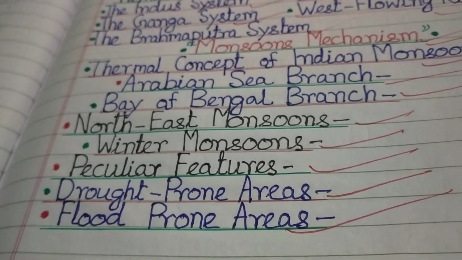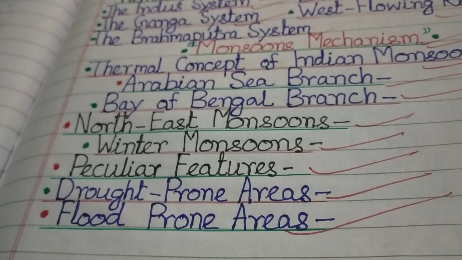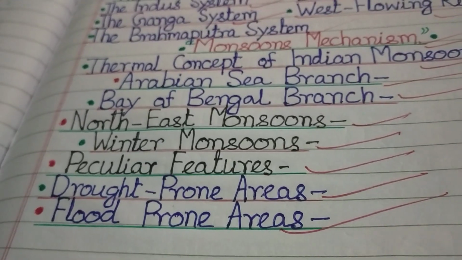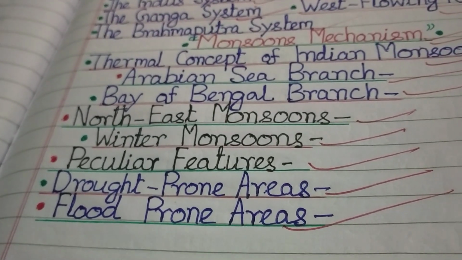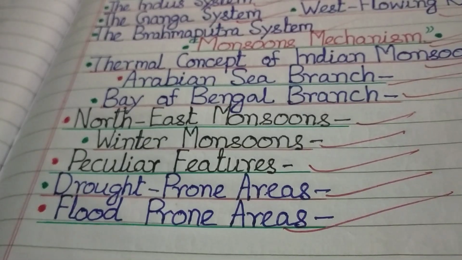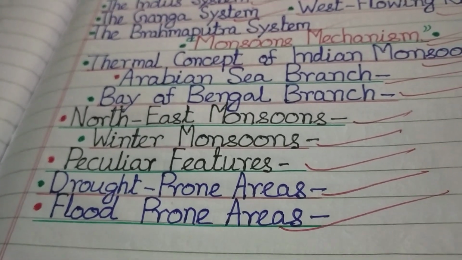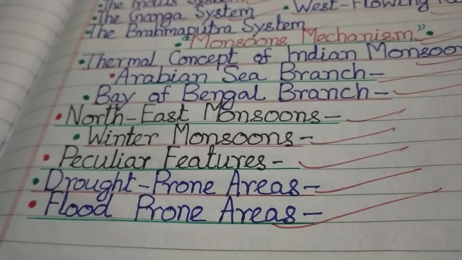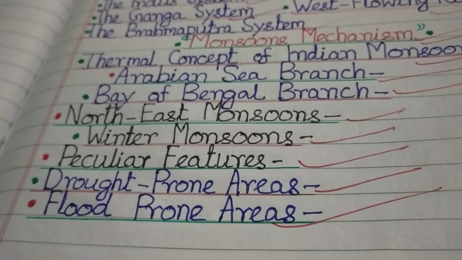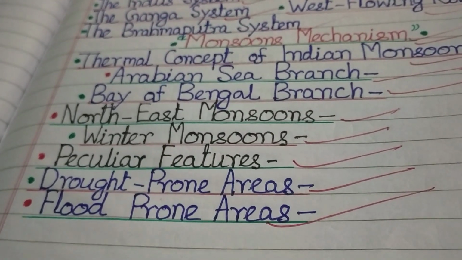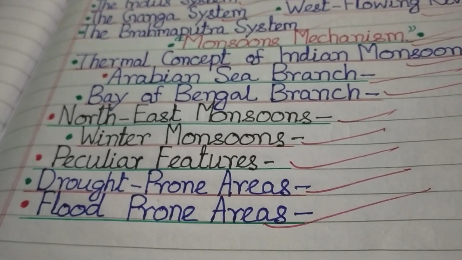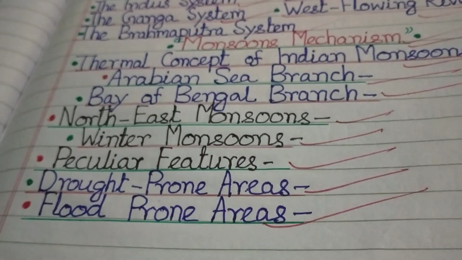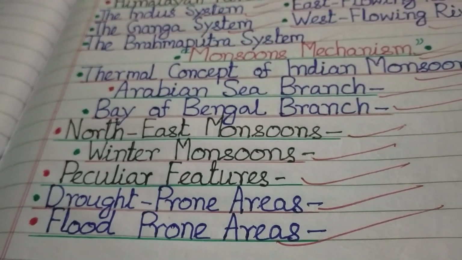The third one is certain isolated pockets, about 1 lakh kilometers: Coimbatore and Tirunelveli districts of Tamil Nadu, Jhansi, Lalitpur, Banda and Mirzapur districts of Uttar Pradesh, Purulia district of West Bengal, Palamau district of Bihar and the Kalahandi district of Odisha.